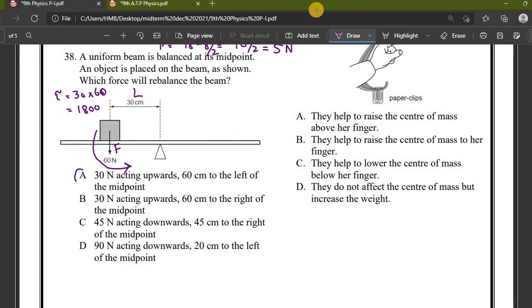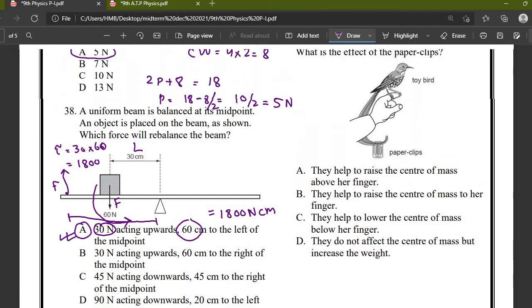Option A is the right answer in this question, because 30 Newton acting upward at 60 centimeter to the left of the midpoint, so this will be the 60 centimeter, and the force is acting upward. So this force will produce a clockwise torque, and torque will be equal to 30 multiplied by 60, that will also be equal to 1800 Newton centimeter. So this force will balance this block. Option A is the right answer.